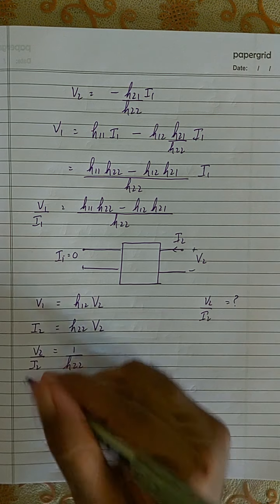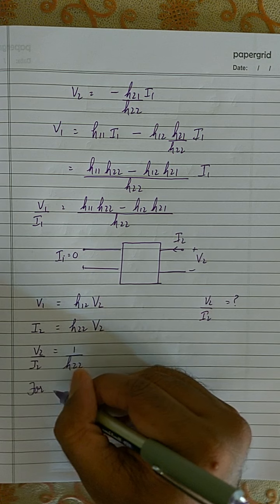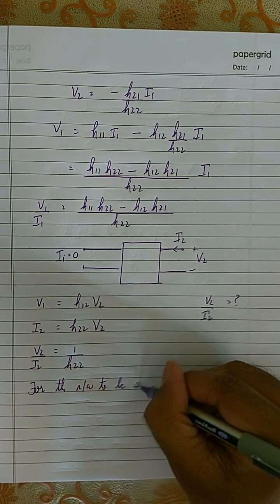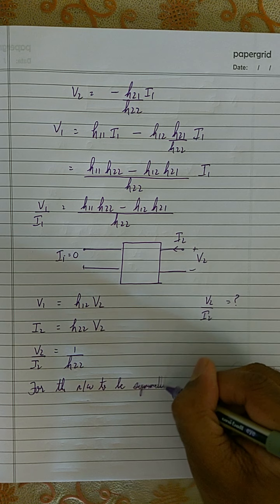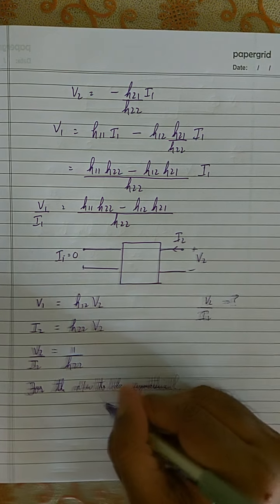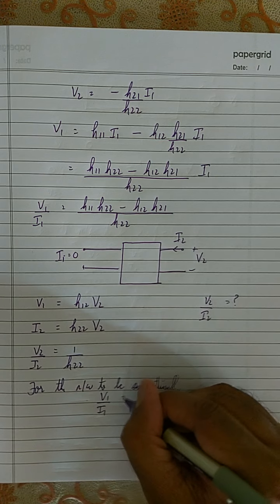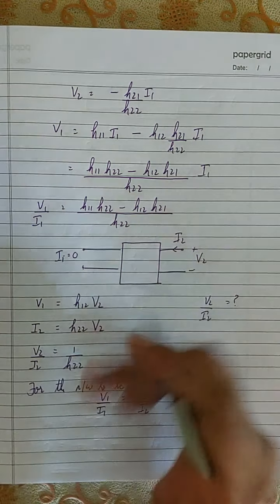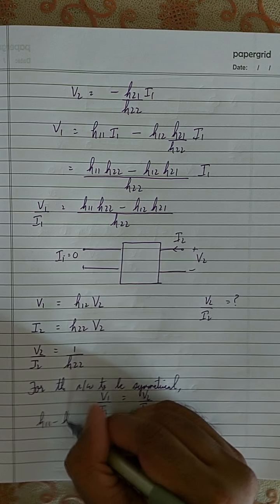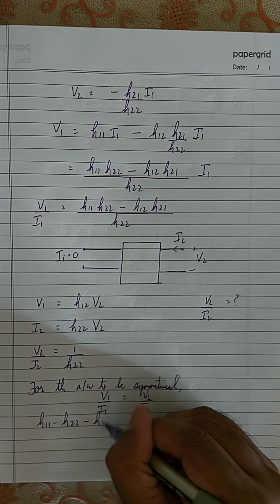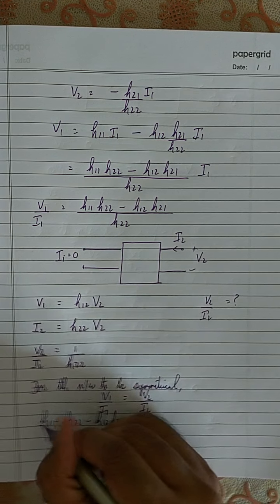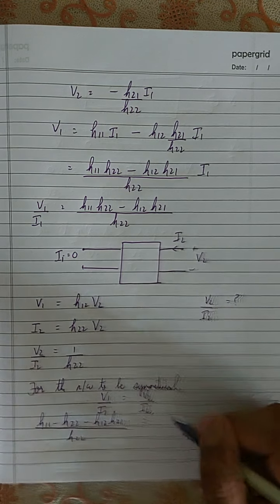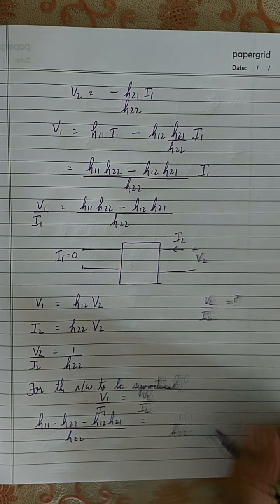So for the network to be symmetrical, the V1 by I1 of the first case should be equal to V2 by I2 of the second case. And what is V1 by I1 over here? It is H11 H22 minus H12 H21 by H22, and V2 by I2 is 1 by H22.